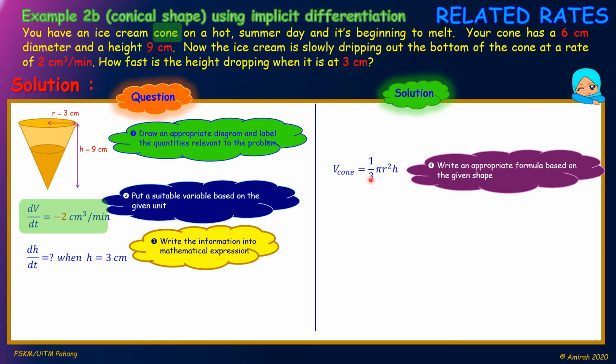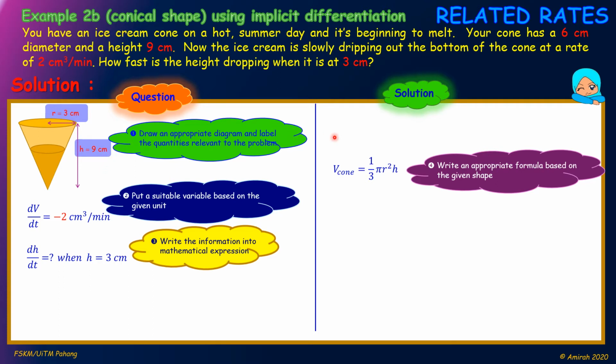To easily differentiate, we can write in terms of variable h or variable r only. But the question asking about dh over dt means that we want variable h. We don't want variable r. Means that we must substitute r in terms of variable h. How to eliminate r and replace by variable h? From here, we have r equals to 3 cm and we have h equals to 9 cm.